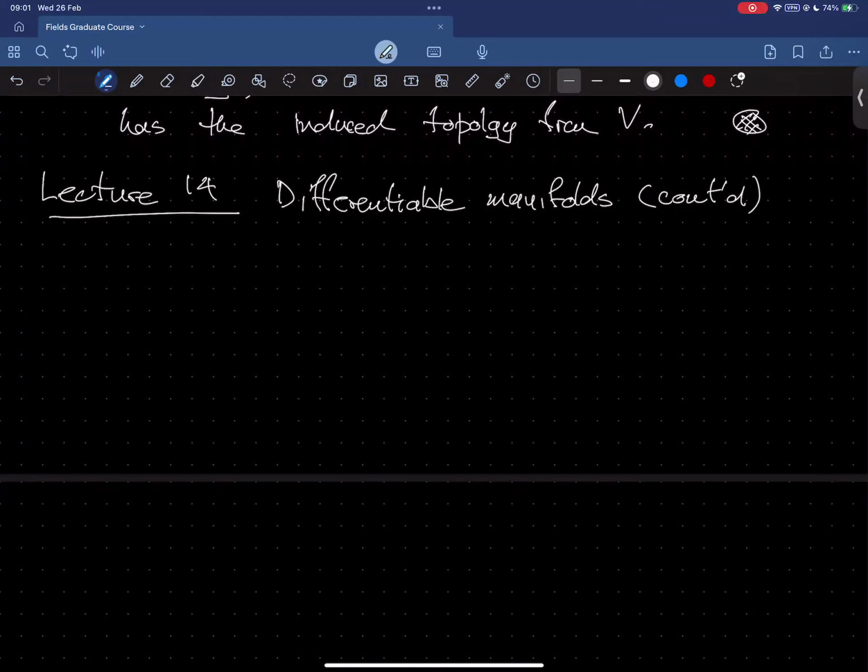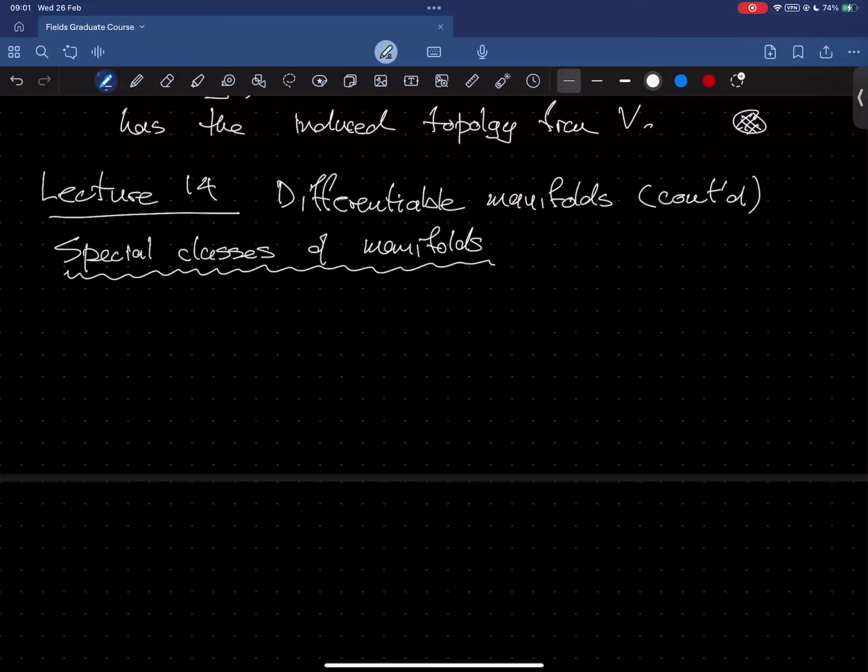Then we spent some time last class talking about examples, and today I want to just finish that discussion up and talk about special classes of manifolds. And then the classes here are going to be distinguished by where the chart maps take their values.